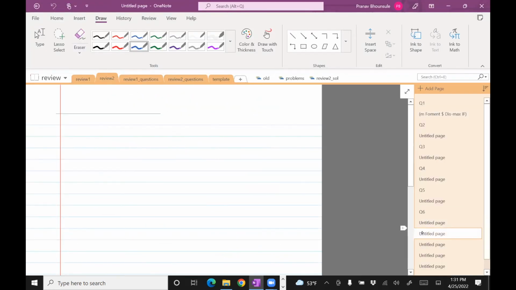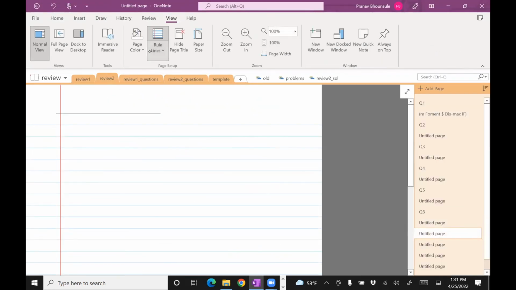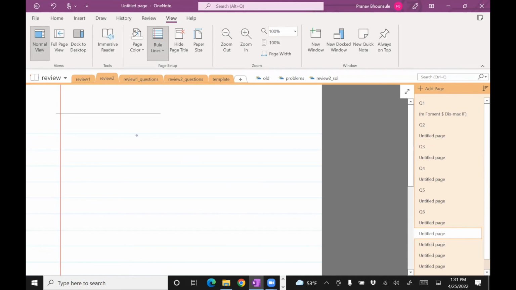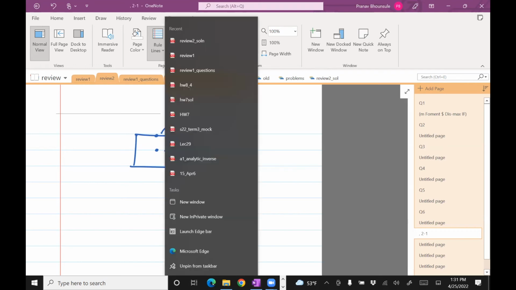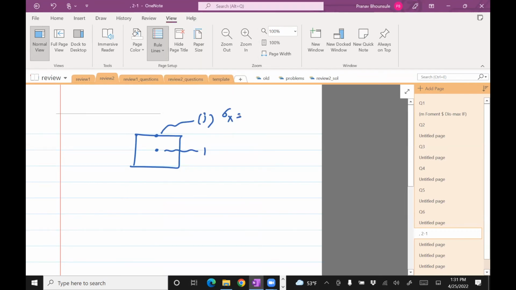So what I'll do here is, as I said, this is the cross section. For part 1, we computed this value. It was sigma x, and it was 4,800 psi. And we know for a fact that the shear stress at the outer edges is 0.